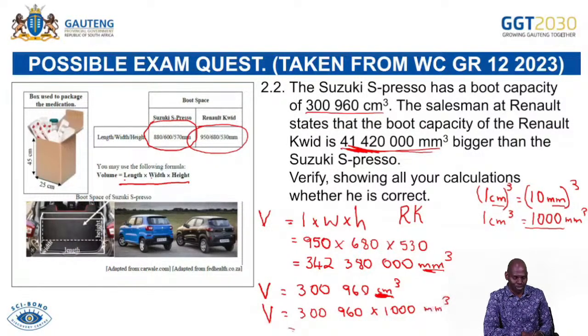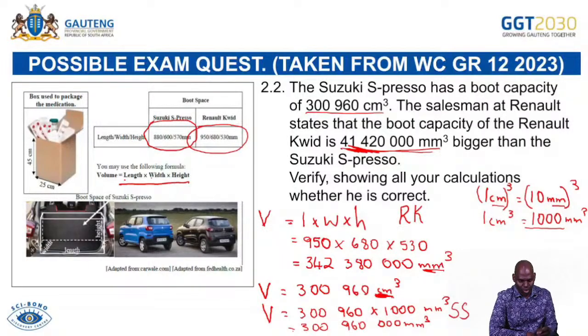Then if I do this, it gives me 300,960,000 millimeter cubed. Now this is the volume of the Suzuki Espresso, and this is the volume of the Renault Kwid.